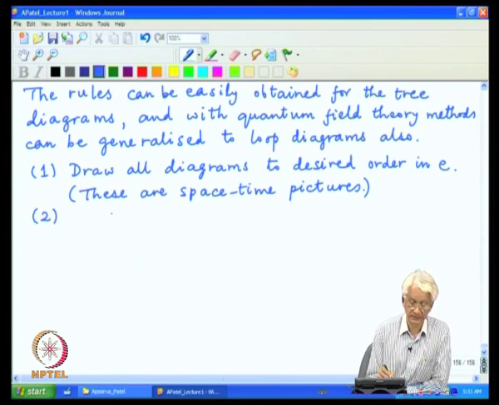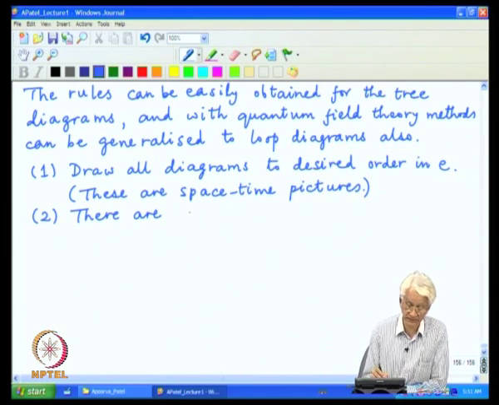The second step is, there are various segments of these diagrams. So, they will be referred to as vertices.